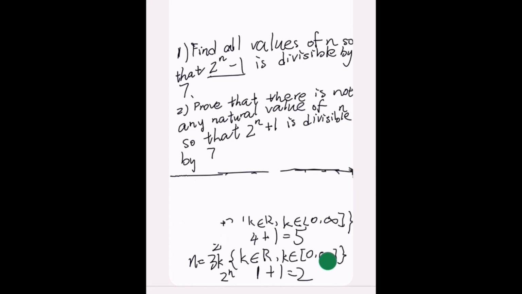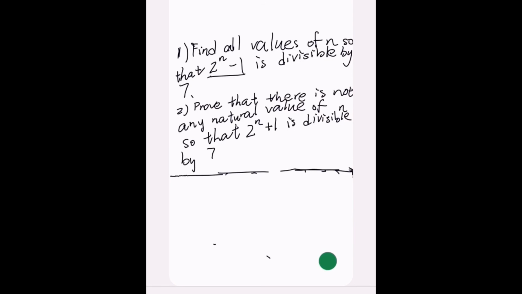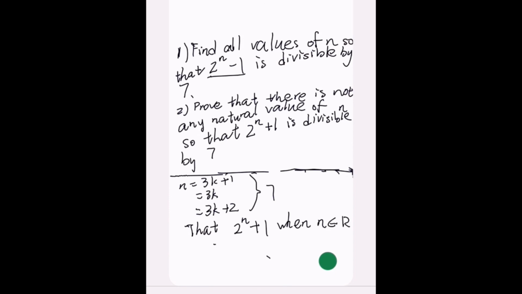Therefore, no matter whether n is 3k plus 1, 3k, or 3k plus 2, they are all not divisible by 7, which means that 2 to the power of n plus 1, when n is a natural number, is not divisible by 7.